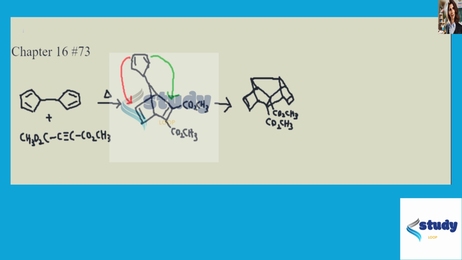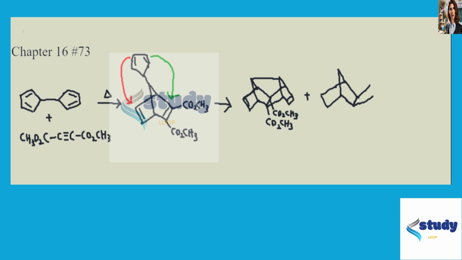And if instead the red arrowed pathway was followed, we would get a similar molecule that would look like this. Let me adjust this a little bit. There we go.